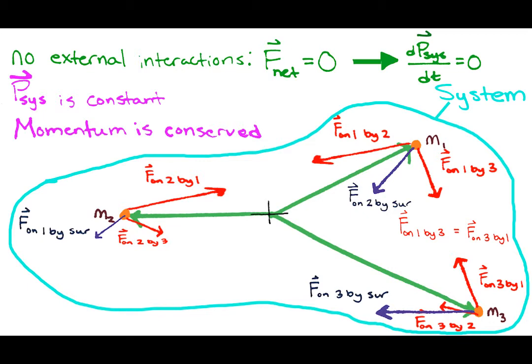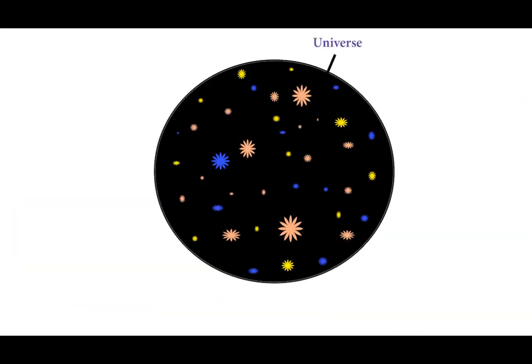As one extreme example, if we choose as our system the entire universe, namely there is nothing in the surroundings to interact with, then our fundamental principle tells us that the total system momentum of the universe, P_universe, is a constant in time.